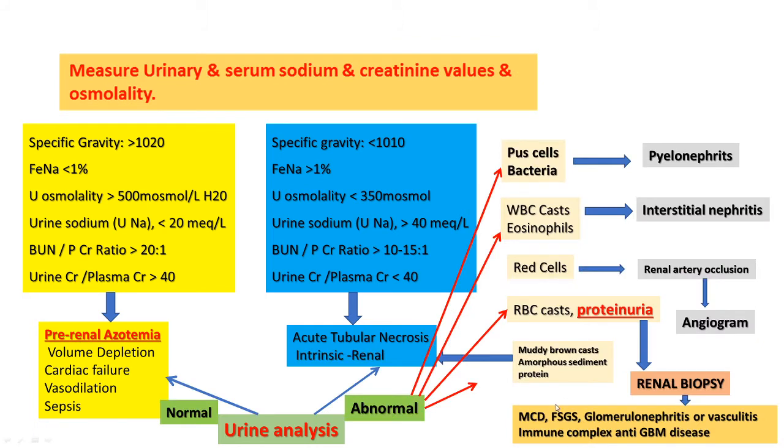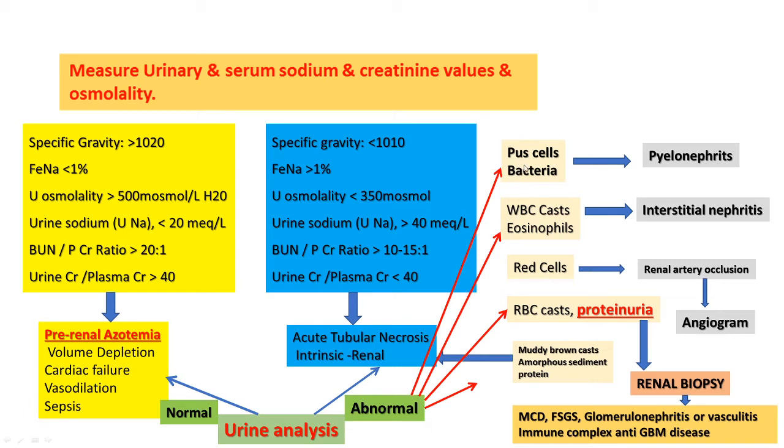So there are two possibilities, as I said. When you do urine analysis, there is the normal parameter, no abnormality detected, and that is usually seen in pre-renal azotemia. Whereas abnormal findings on gross examination, microscopic examination and physical parameters indicate these possibilities.